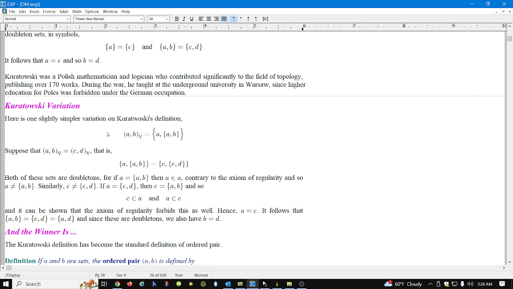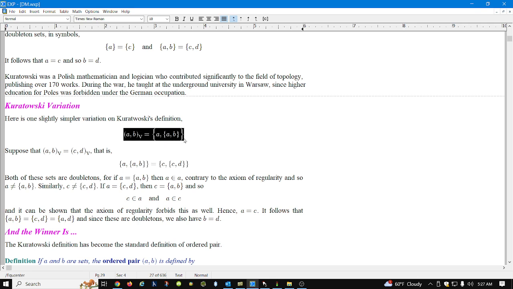Kuratowski was a Polish mathematician and logician who contributed significantly to topology, publishing over 170 works. During the war, he taught at the underground university in Warsaw because higher education for Polish citizens was forbidden under the German occupation.